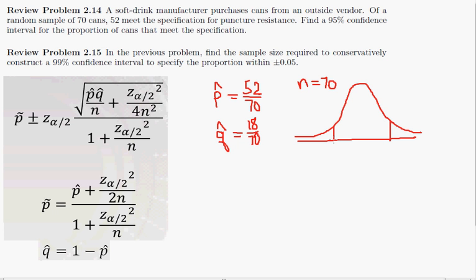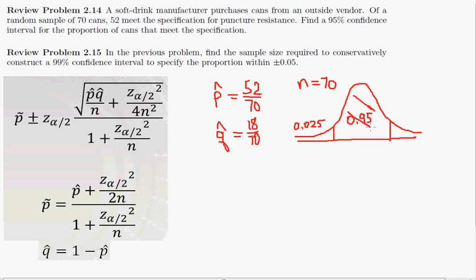The problem does not say it's one-sided, so by default it's two-sided. The area in the middle is 95%, and that leaves 2.5% in the left tail, and hence 2.5% in the right tail, so that the total area of the left tail plus the center is 97.5%.